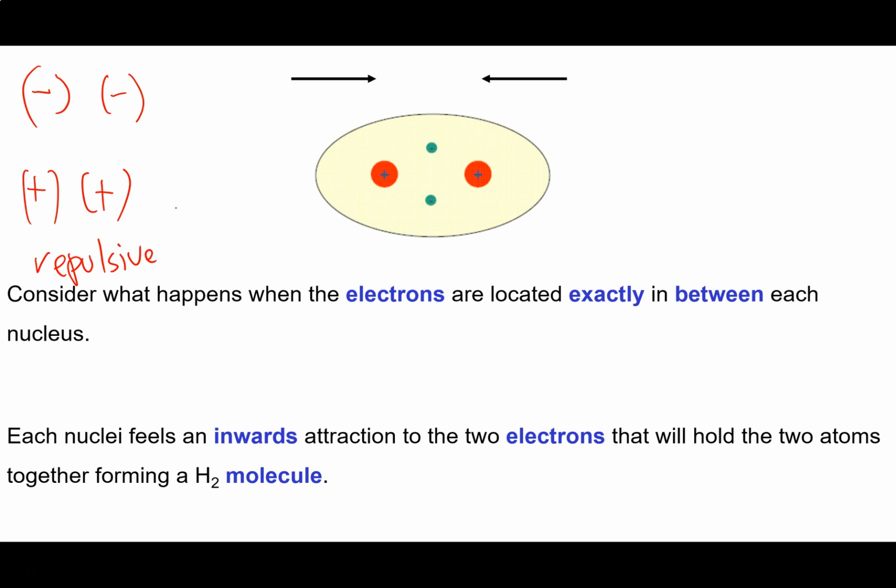But there will also be the inward attraction of one of the protons to 2 electrons, and there will also be the inward attraction of the other proton to 2 electrons. This is going to be the case when the electrons sit or are shared between the 2 atoms.